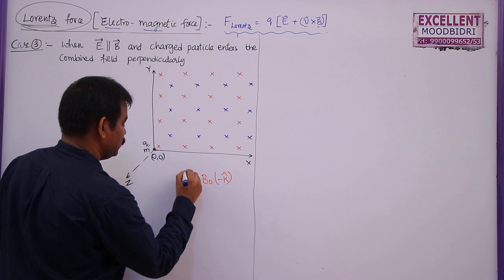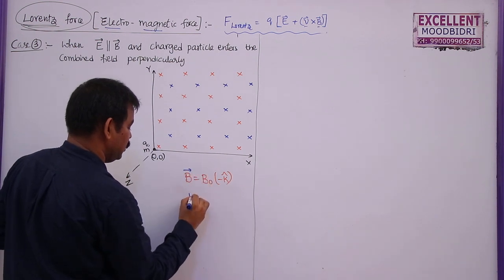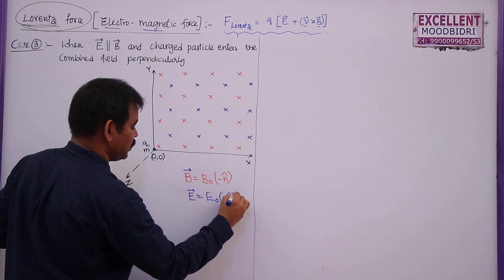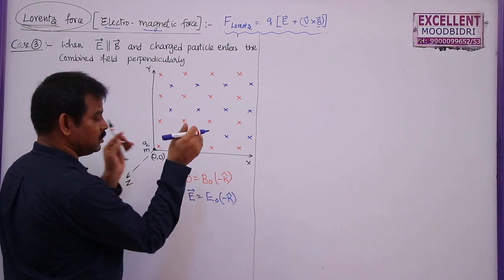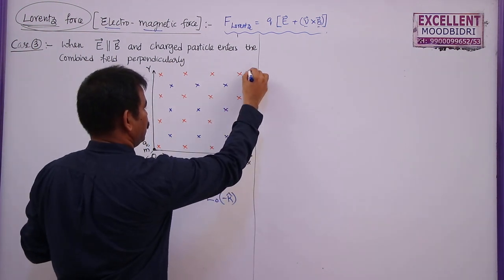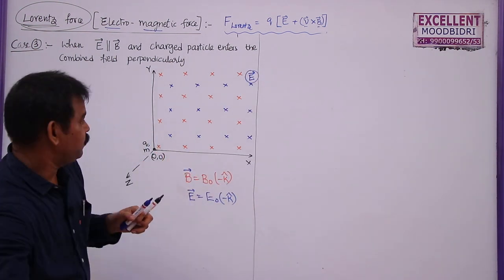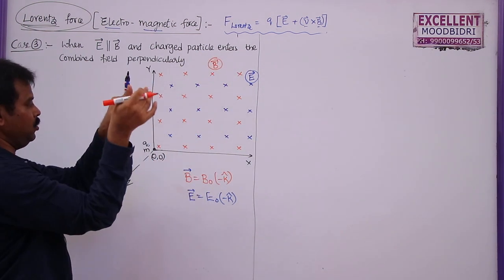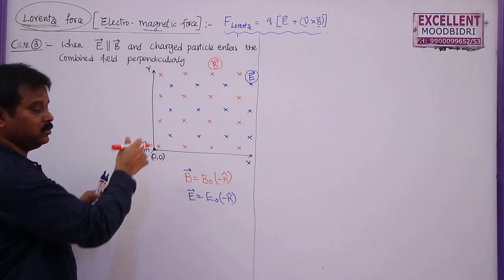So here this is B bar and E bar is given by E naught minus k cap. Remember, both are acting in the same direction, and this is E bar and this is B bar. So both are acting into the board, that is along the z-axis.